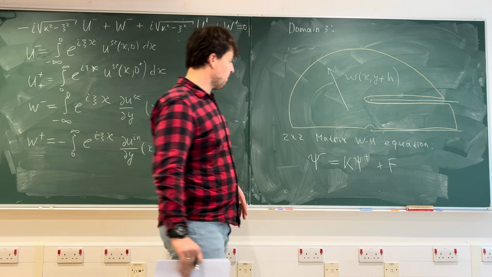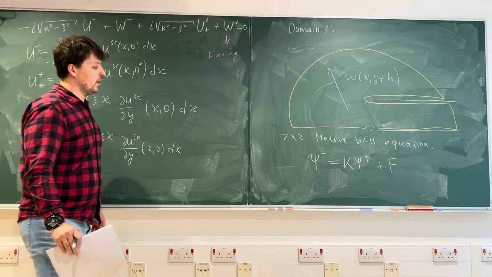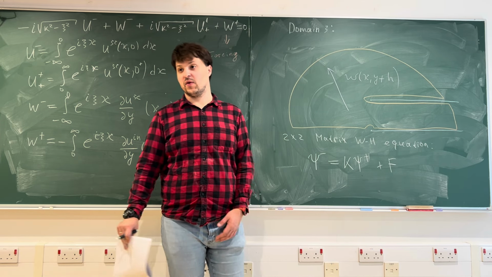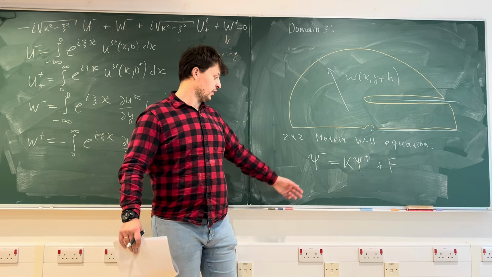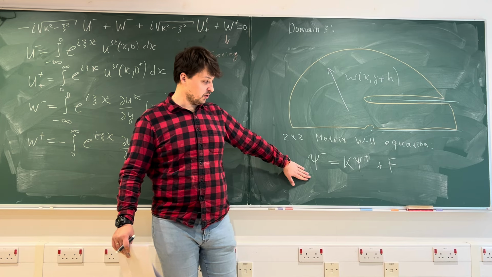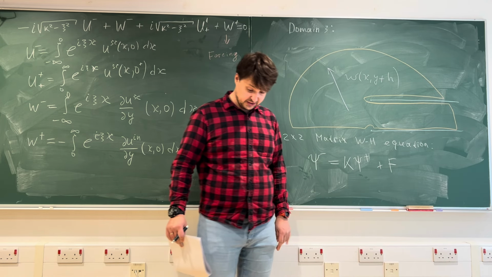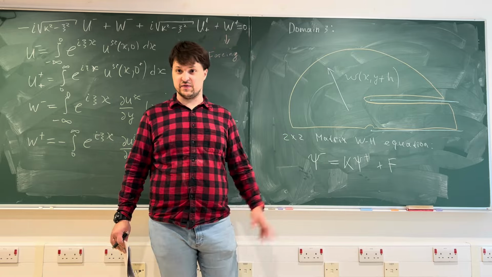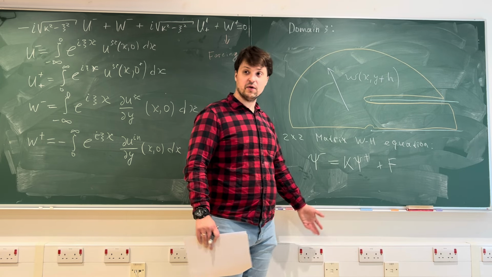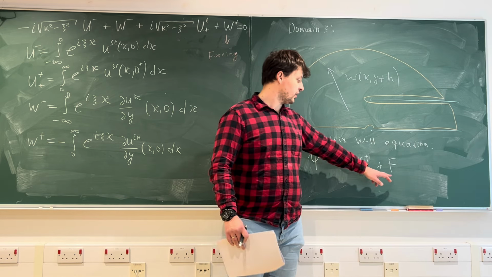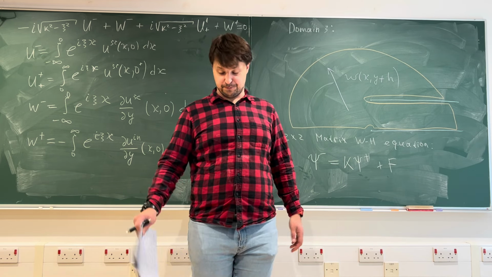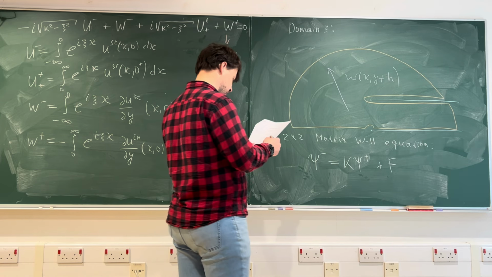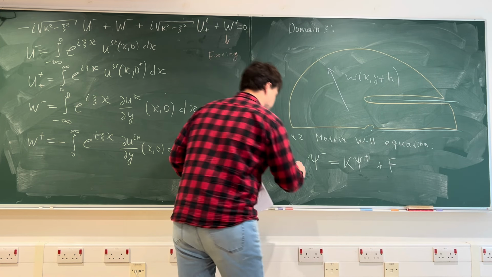Here, similarly to what we had before, psi minus and psi plus are some unknown vector functions, but we know that this thing is analytic in the lower half plane and this thing is analytic in the upper half plane. K is a known matrix function which is referred to as the kernel of the Wiener-Hopf equation, and this is also a known forcing term. And okay, I will write them down.